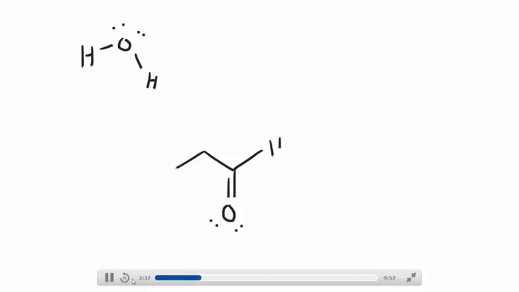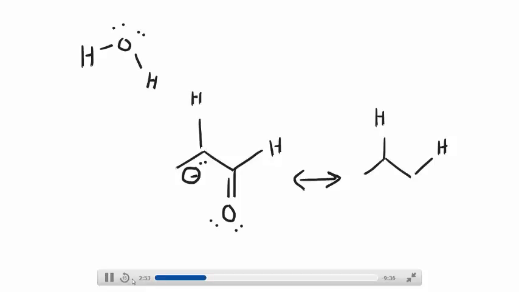Now, enolates have resonance structures. I'm going to draw out all of the bonds to this alpha carbon so that you can see where everything is. That lone pair of electrons on that carbon can be delocalized through resonance onto the oxygen. Now, as you look at both of these resonance structures, the one there on the right is actually the predominant resonance structure.